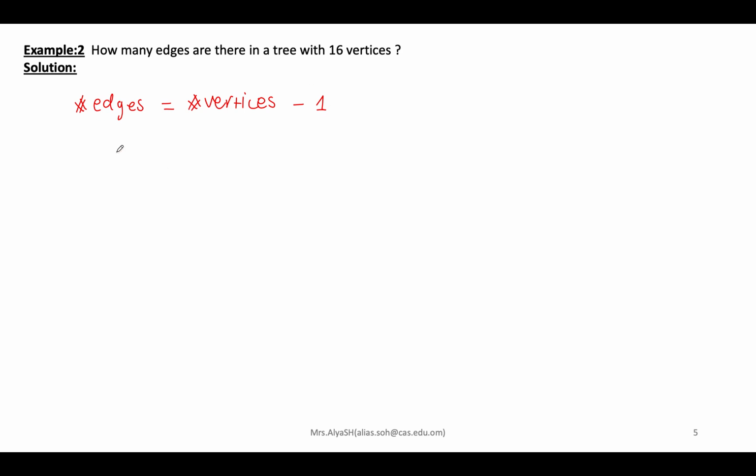This is our rule. So in order to identify the number of edges, I need to find the number of vertices, and it's clearly mentioned here in the question, that we got 16 vertices. Now the number of edges is equal to 16 minus 1. So we got here that this tree has 15 edges.